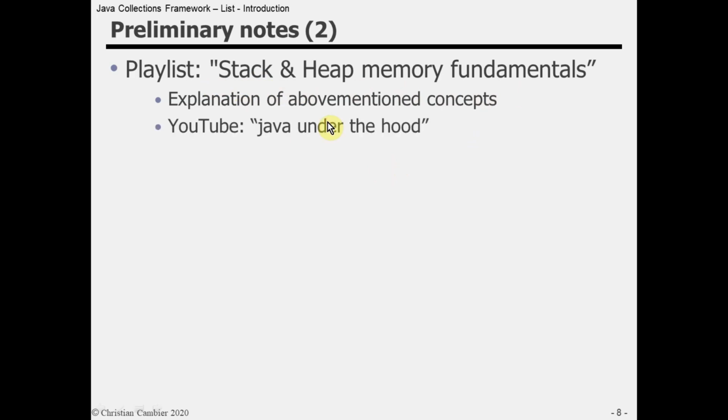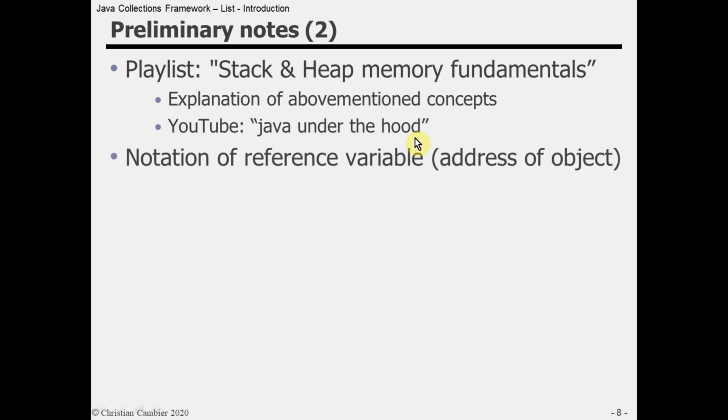If you search for Java Under the Hood in YouTube, there's a good chance that you'll bump into one of my videos. I will also regularly refer to that playlist, of which the link can be found in the description page below. Just a minor change regarding the notation of values of references, addresses of objects.